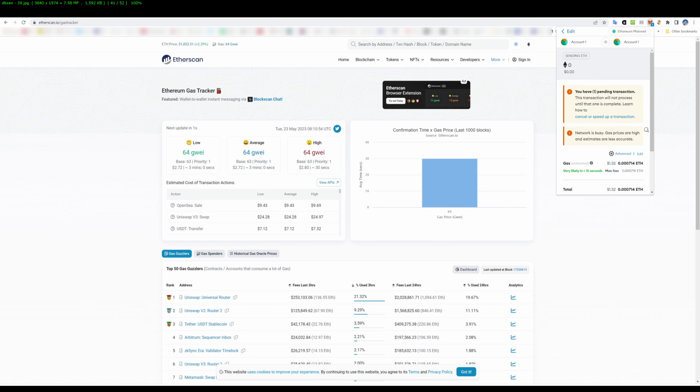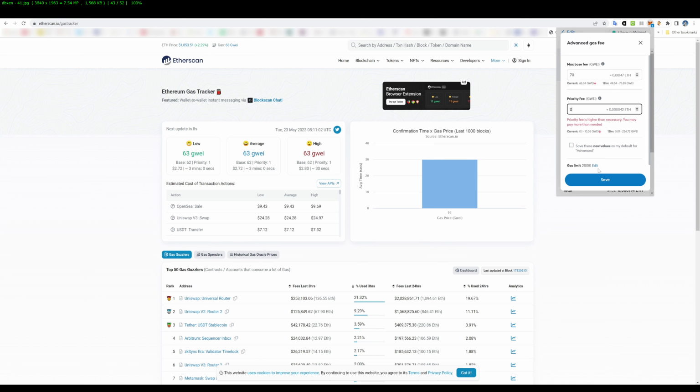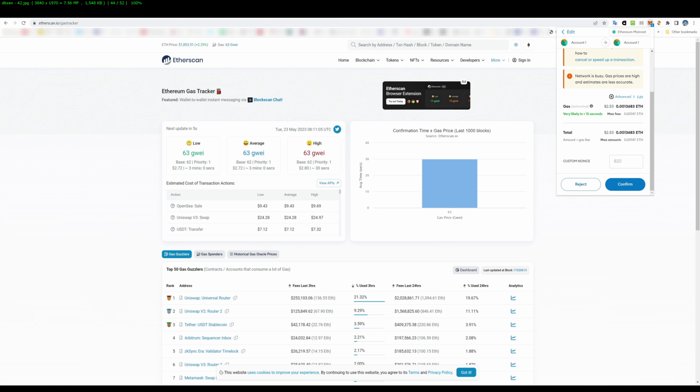So you click here on edit, and current Gwei was at 63. I set it at 70 and the tip to 2, and clicked save. And you must be careful here. Here is the custom nonce. That is the nonce of the transaction we want to cancel, and you have to enter the nonce of the pending transaction.